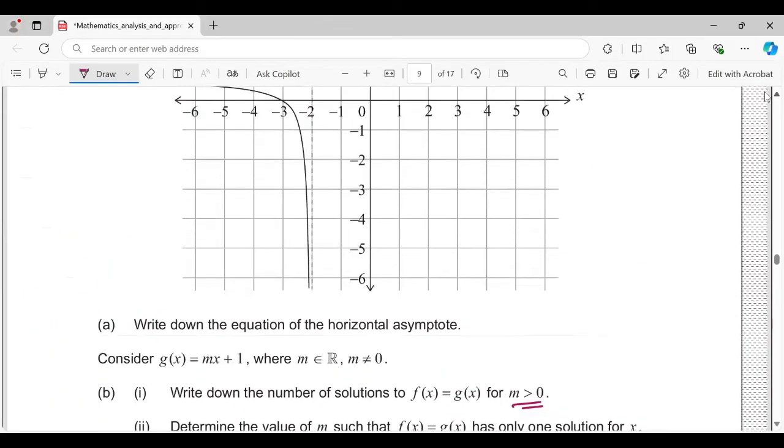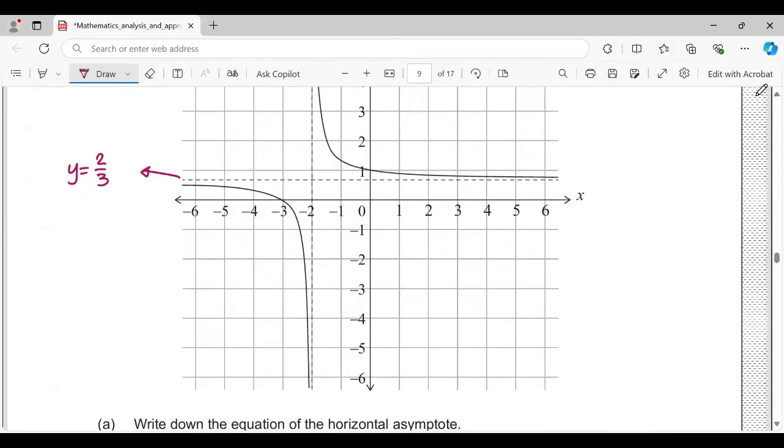If you draw the straight line, it becomes like this. Look, there are two intercept points between this straight line, g of x equals x plus 1, and f of x. So there are two solutions.